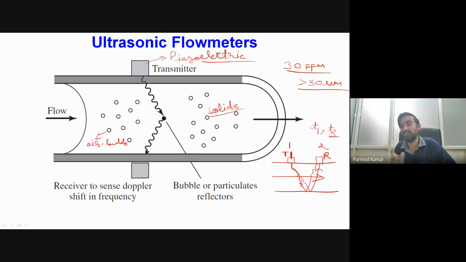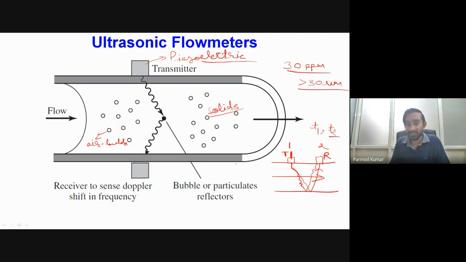The difference of T1 and T2 is recorded for different flow rates, and it is observed that this difference between the two time periods is a strong function of the volumetric flow rate of the flowing fluid. With this configuration, we need not add any particles. So in recent years, such arrangements are also being employed for accurate measurement of flow based on the principle of ultrasonic flow meters, without addition of any particles into the liquid.